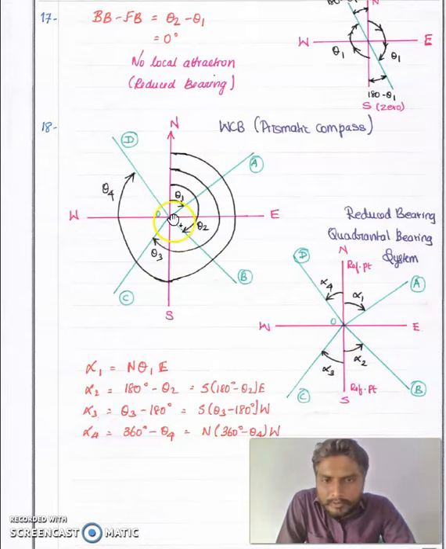In the whole circle bearing system we have theta 2. With respect to north, south lies at an angle of 180 degree. So 180 degree minus theta 2 gives alpha 2.